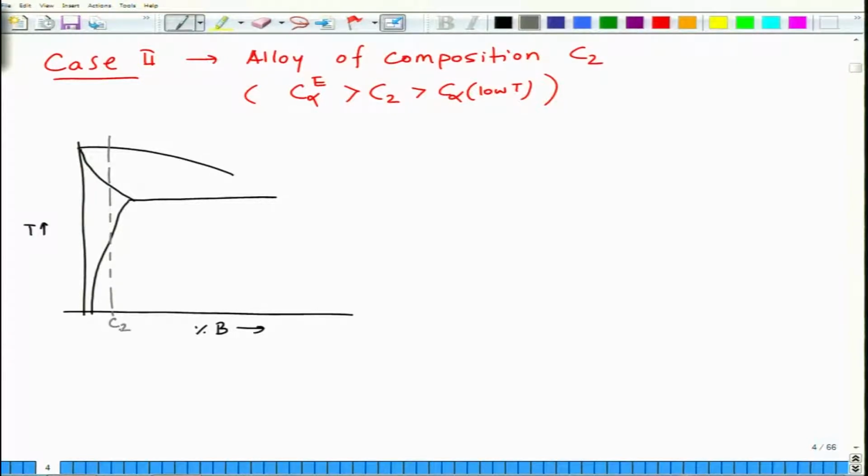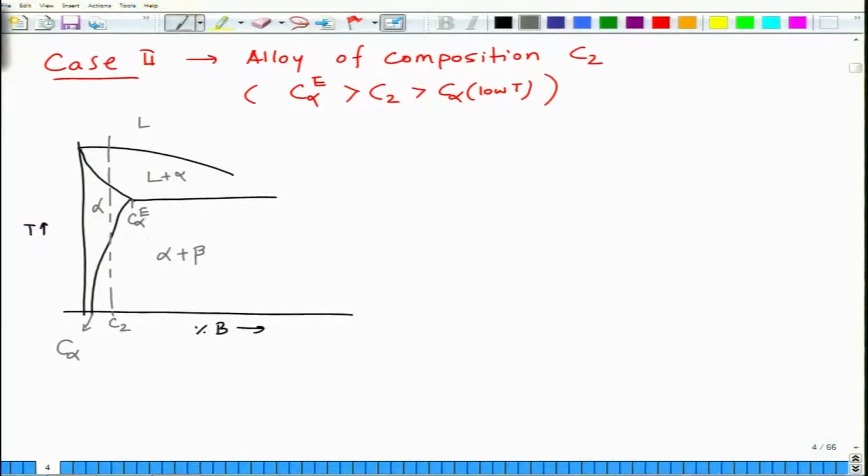So this is C2, this is C_alpha, this is C_alpha^E. This is liquid plus alpha, this is alpha, and here you have alpha plus beta.